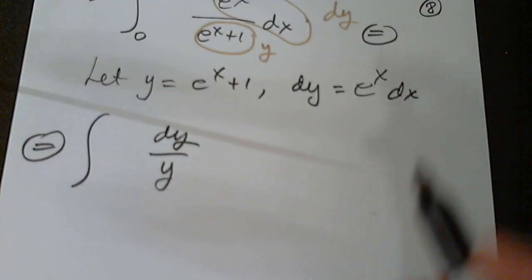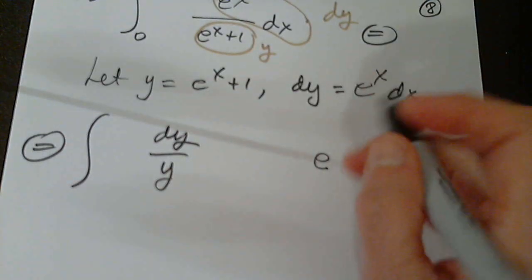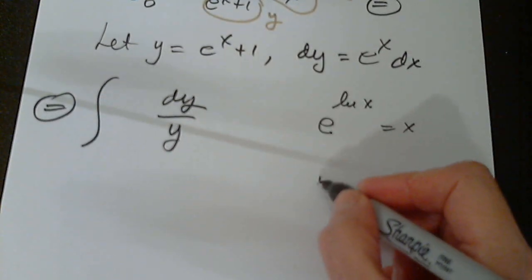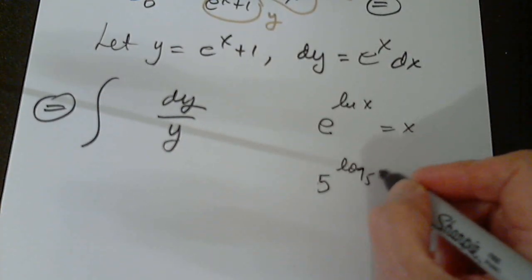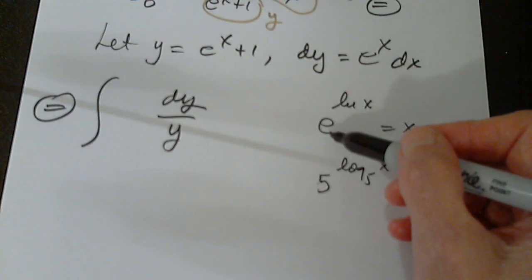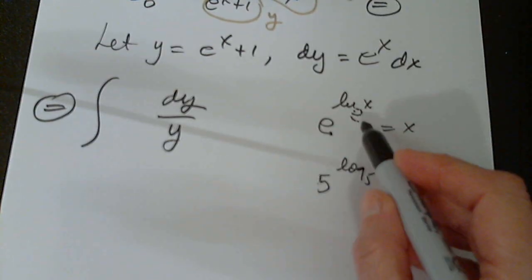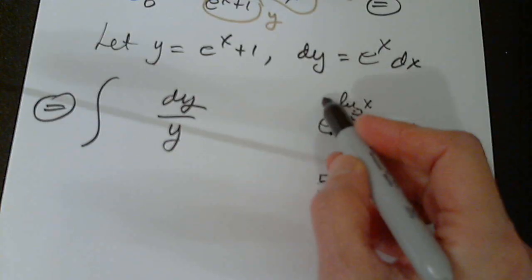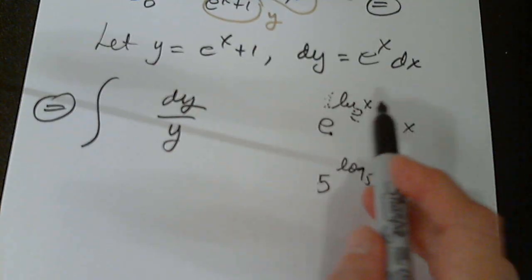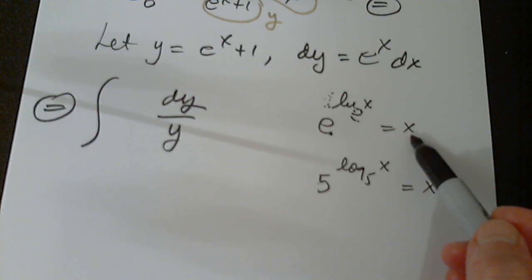So let me talk about this a little bit. e raised to natural log x is x. 5 raised to log base 5 of x is x. As long as the base here and the base here are the same, and there is only 1 in front, e to natural log x is x; there is no need to say the base e.